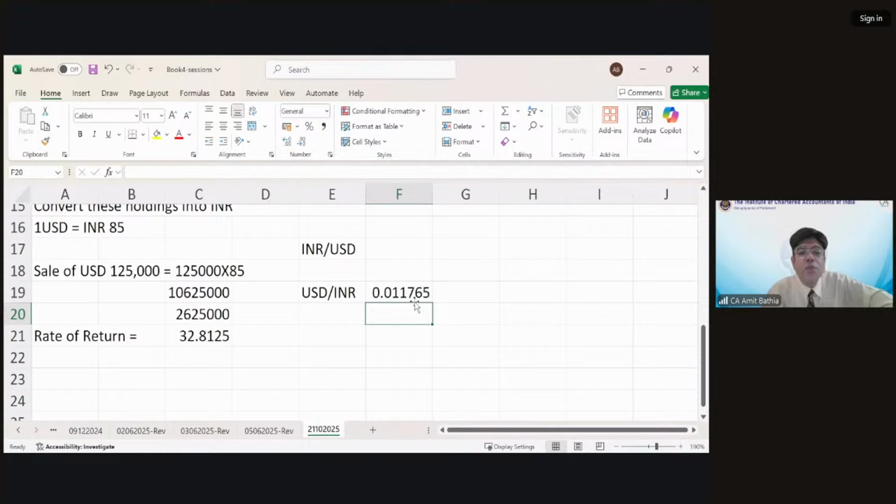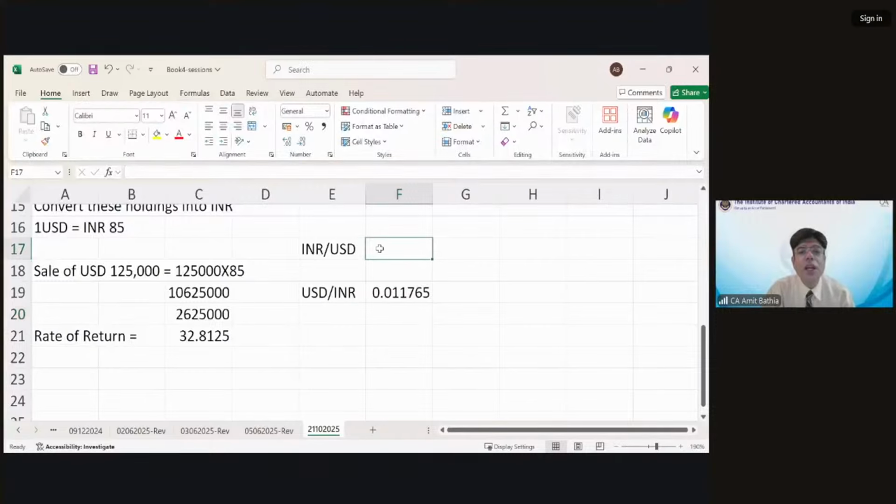This is essentially the rate of USD in INR terms, right? So for USD upon INR, meaning 1 INR can buy how much USD? It can buy only 0.011765 of USD.